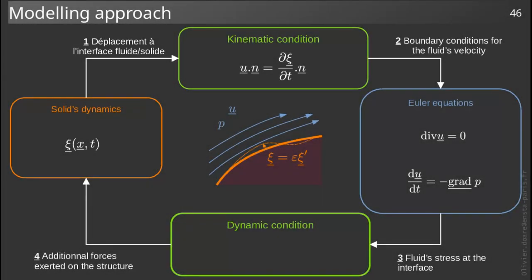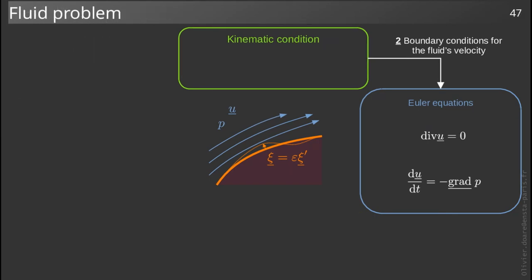We can write our schematic view of the fluid structure interaction problem as follows. Note that the equations in the fluid are the Euler equations. We neglect the viscous effects and the hydrostatic effects in this development. We will first study the problem of fluid mechanics.